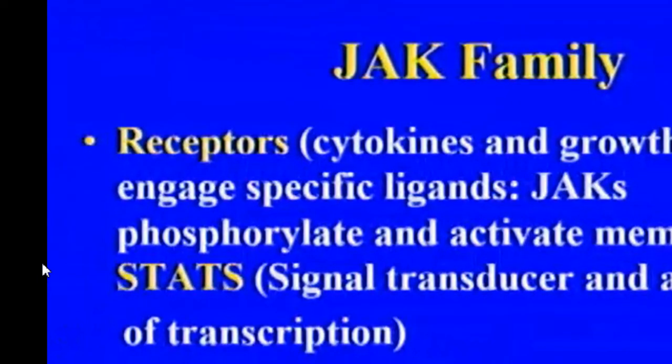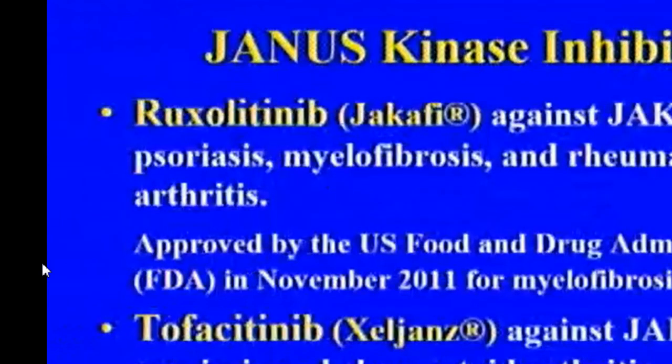So what happens if you inhibit the Janus kinase? You will get recurrences of toxoplasmosis. And in fact, these are important drugs that are used. For instance, ruxolitinib was the first agent approved by the FDA, in 2011, for myelofibrosis. There was no drug for myelofibrosis until this drug came into the picture. They are used for psoriasis and rheumatoid arthritis.